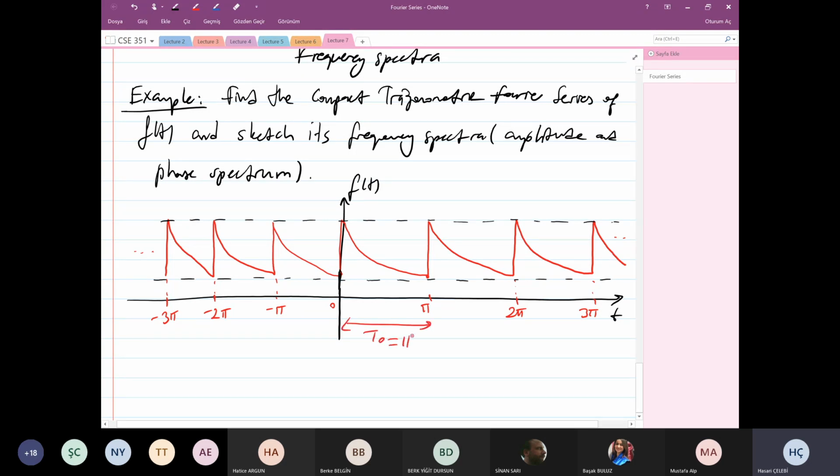So in this case, T0 is equal to pi. You can do this starting from here, and you hit the same point as you see another T0. Similarly, from here to here is T0 and so on. This is how you determine the period of a signal.